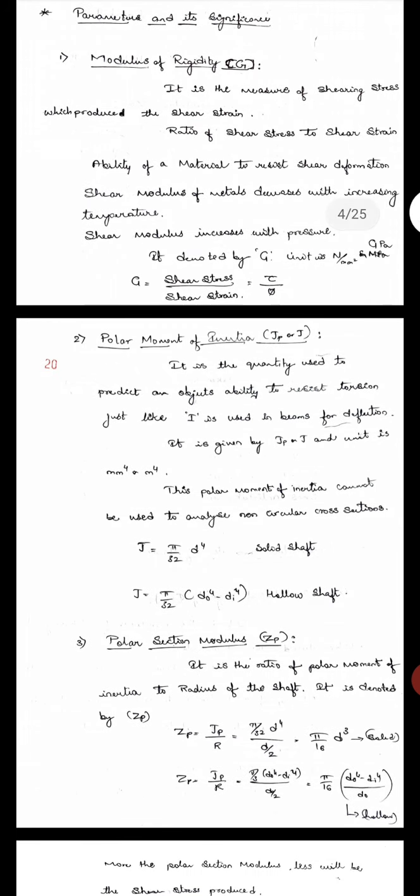It is tau upon psi. So it is a measure of shearing stress which is produced to shear strain is modulus of rigidity. It has the ability to resist shear deformation or twisting.